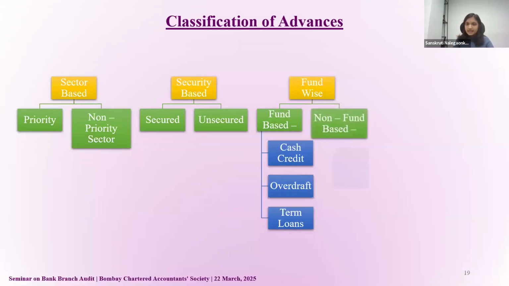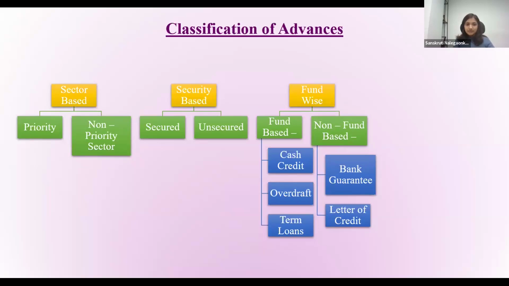non-fund-based advances. It includes bank guarantee and letter of credit. Let's understand it with an example. If a Chinese company wants to buy machinery from an Indian company, but the Indian company fears non-payment. Now, to assure the payment, the Chinese company asks its bank in China to issue a document in favor of the Indian company.